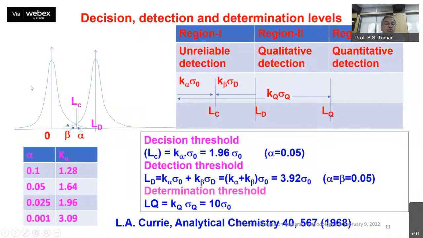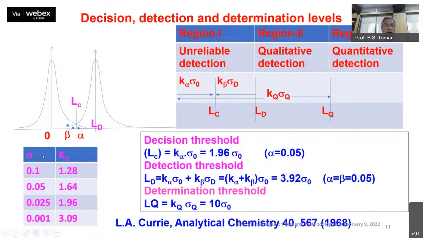Again, I have shown you these two Gaussians, one due to the blank, the other due to the sample. So this is the alpha threshold. Depending upon the value of alpha, you can take alpha equal to 0.05, 0.025, and so on.